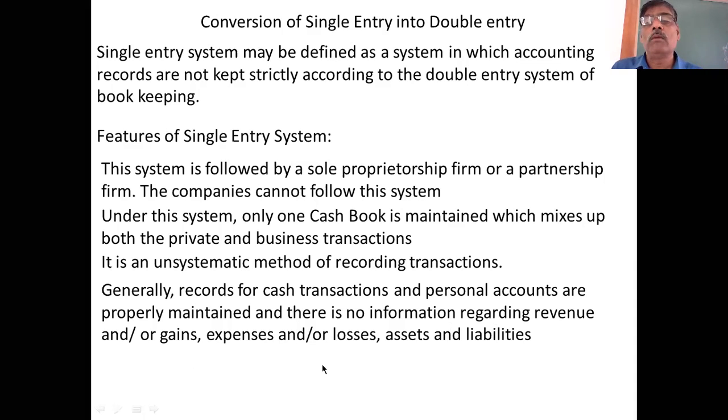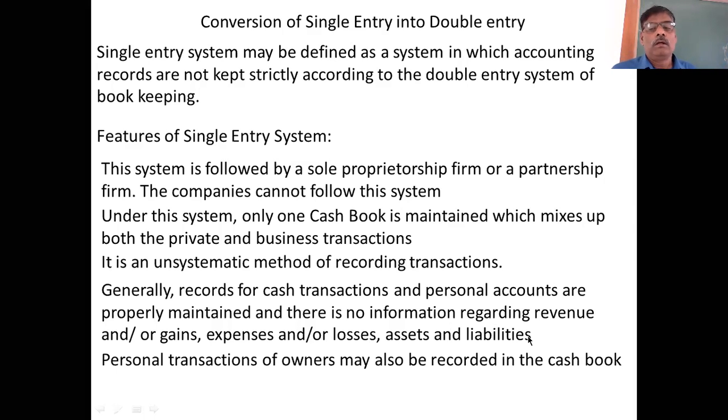Transactions related with liabilities are also not recorded. Like this, you can make so many points. And next, personal transactions of the owner may also be recorded in the cash book. Sometimes a trader maintains the cash book for recording the business transactions and also his personal transactions. That is the feature of single entry system.